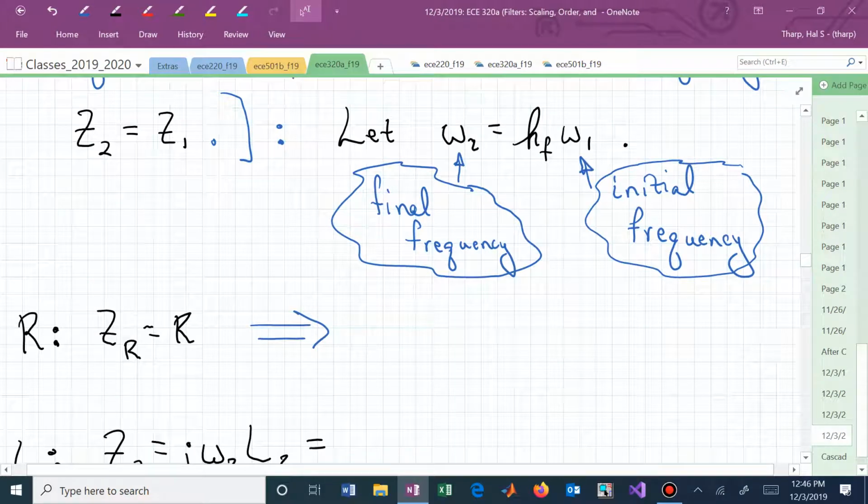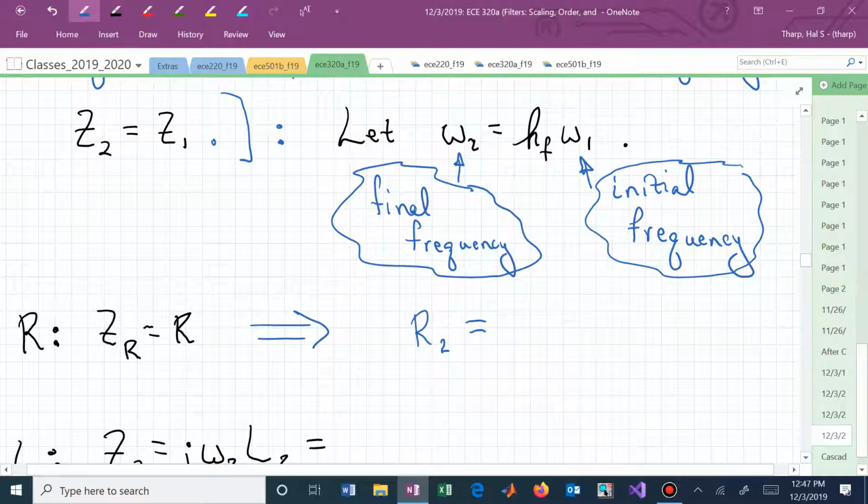You know the drill. So now we look at what happens with a resistor. We now want Z sub 2 to equal Z sub 1. And what is Z sub 2 for a resistor? Now we have Z sub 2 as R sub 2, and that now is going to be equal to Z sub 1.